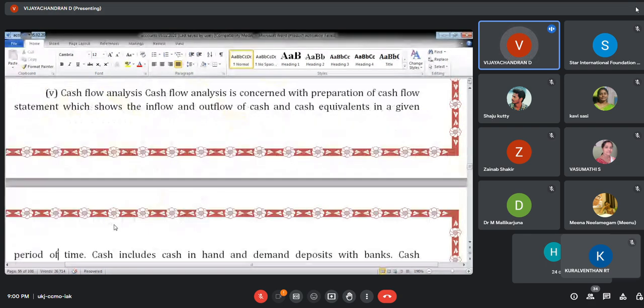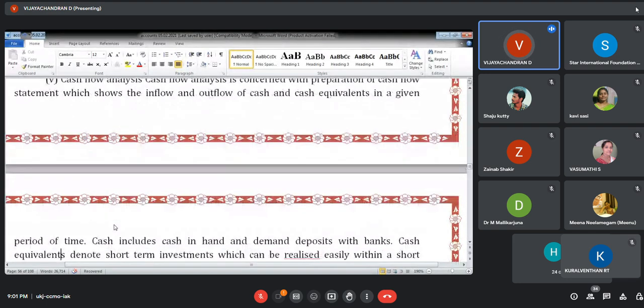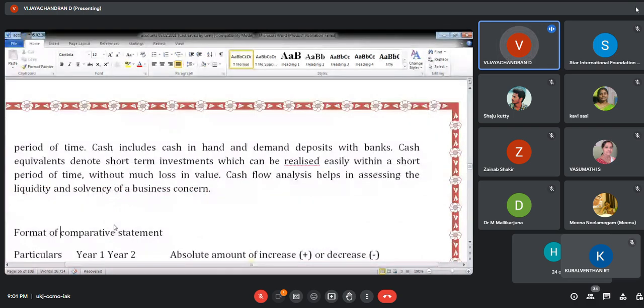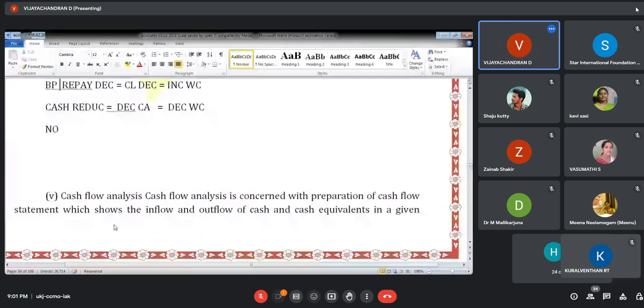The fund flow statement is peculiar about the working capital, but the cash flow statement is peculiar about the cash flow, how much cash is coming and how much cash is going out of the business. I told you it should be prepared as per accounting standard 3.